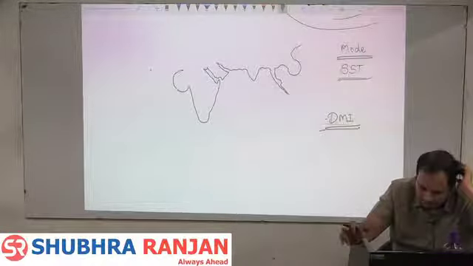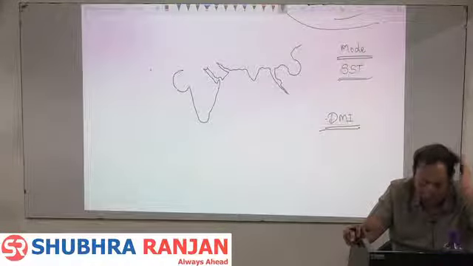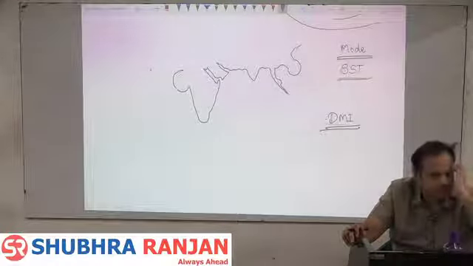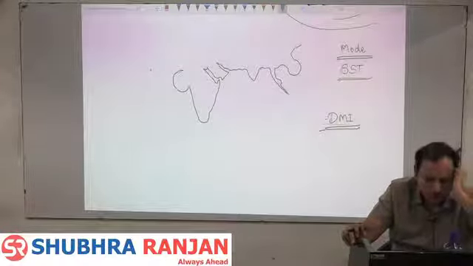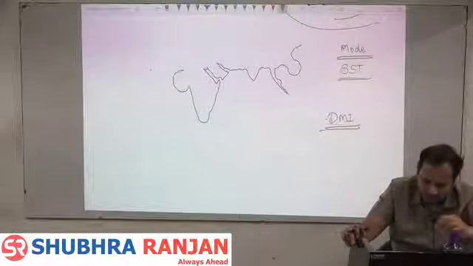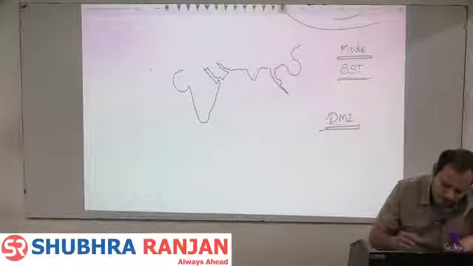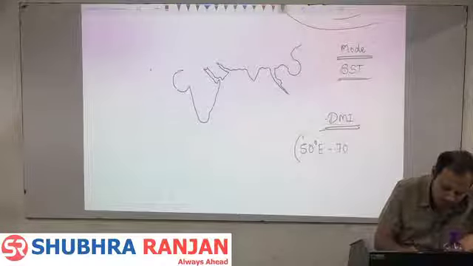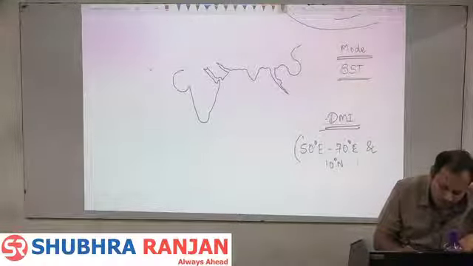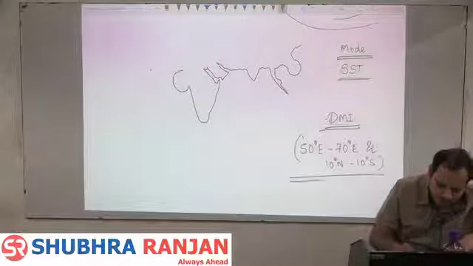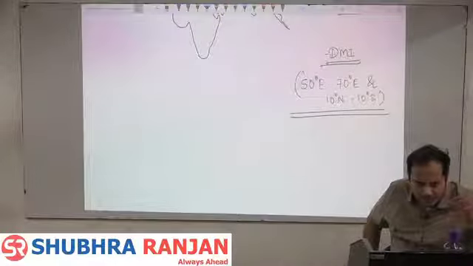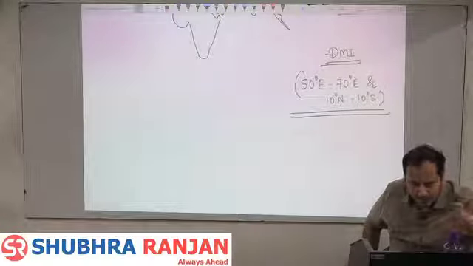Sea surface temperature difference between the Western Indian Ocean, in brackets, longitude 50 degrees to 70 degrees, and 10 degree north to 10 degree south.